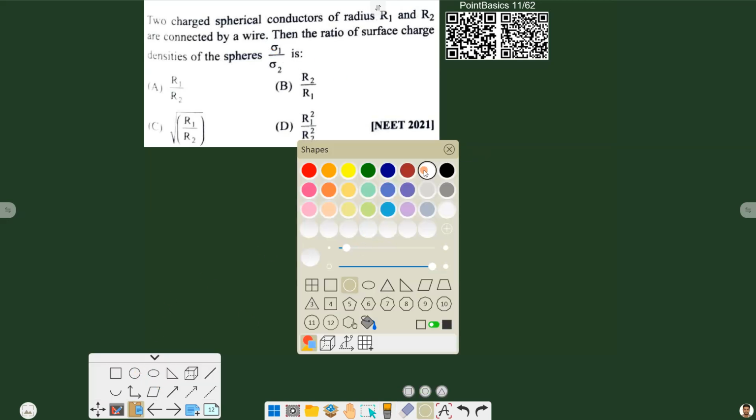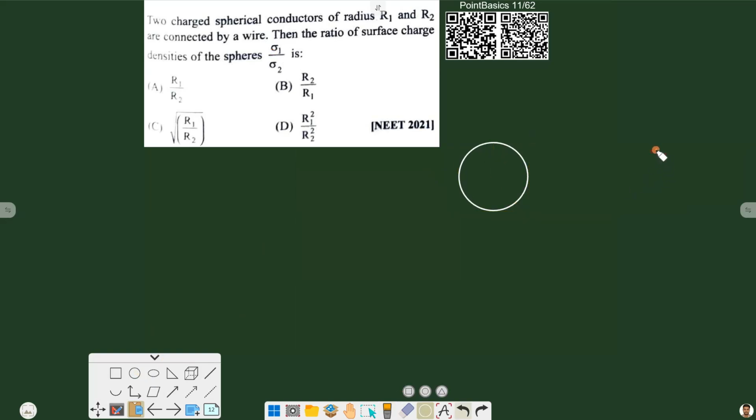Two charged spherical conductors of radius r1 and r2 are connected by a wire. If the ratio of their surface charge density, sigma 1 by sigma 2, is to be found. Okay, so again we have two charged conductors.